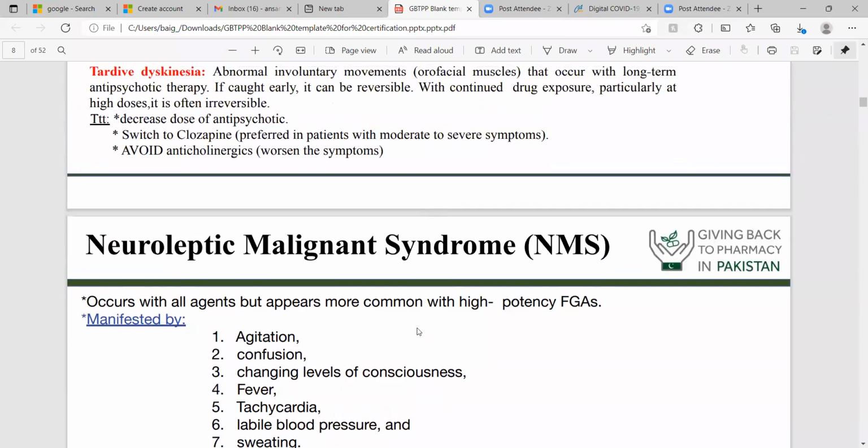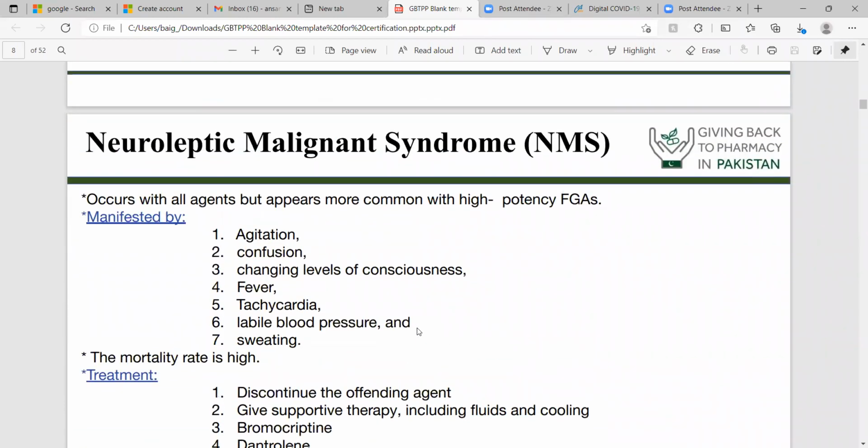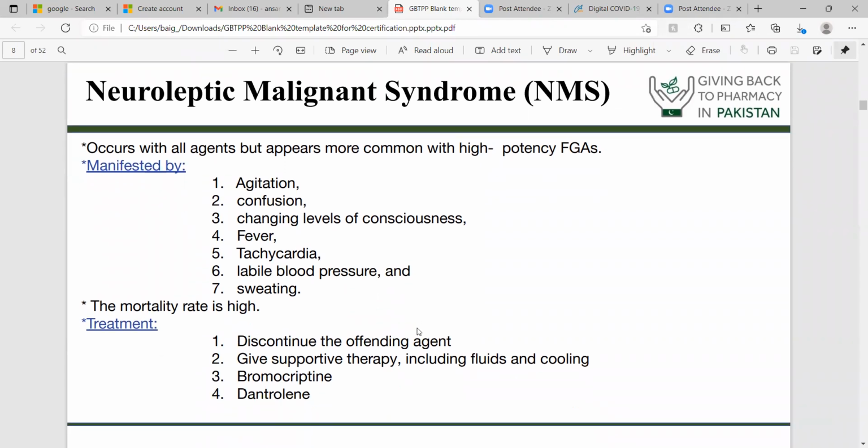For any first generation antipsychotic, we have high, moderate, and low potency. If we use a high potency antipsychotic, the side effects, as I said, are tardive dyskinesia or NMS. NMS is neuroleptic malignant syndrome.